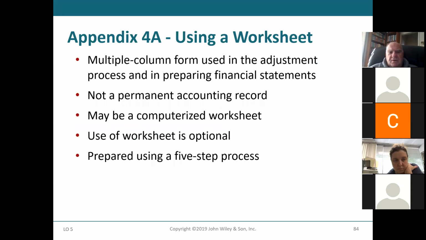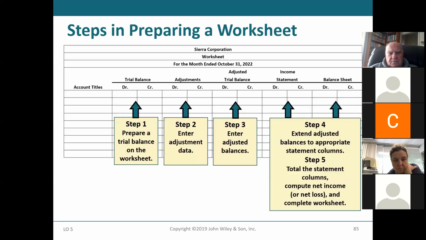Using a worksheet. Now we're going to come up with a big giant worksheet. 10 columns. We're going to start with the trial balance. So we're just copying the trial balance. This is given. Remember the adjusting journal entries we just wrote? They're going to go into the second column here.